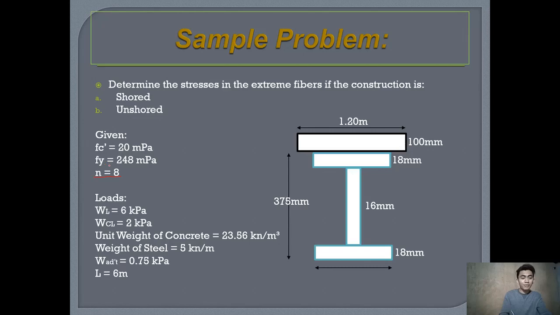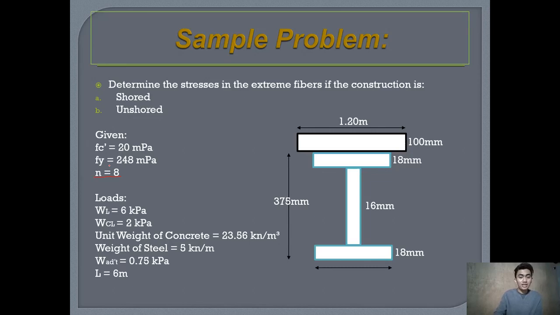The process of obtaining now the allowable stresses is the same as what we have discussed already under composite beams. All right, so let us start off in determining now the stresses in the extreme fibers in shored construction.